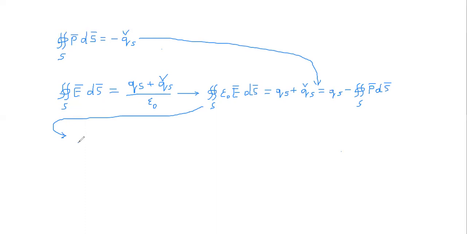So we will get that surface integral of epsilon 0 electric field intensity plus polarization density P, dS, is equal to free charge inside closed surface S.